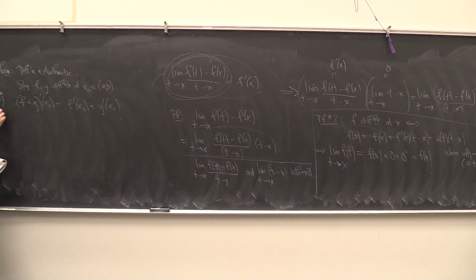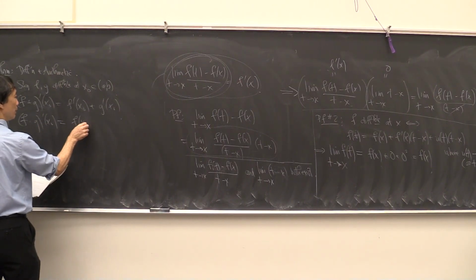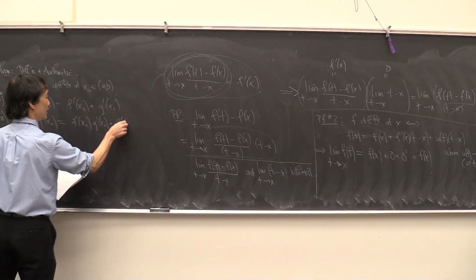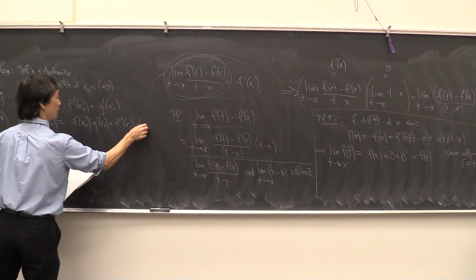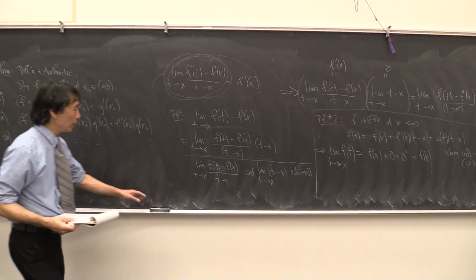The derivative of the product is not equal to the product of the derivatives, but rather the first guy times the second guy's derivative plus the first guy's derivative times the second guy. And then you have a quotient rule, etc. So things that you saw and used before.